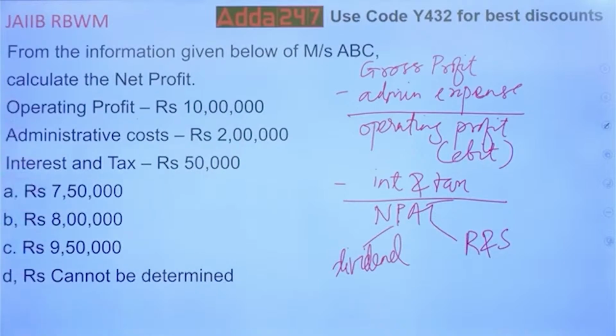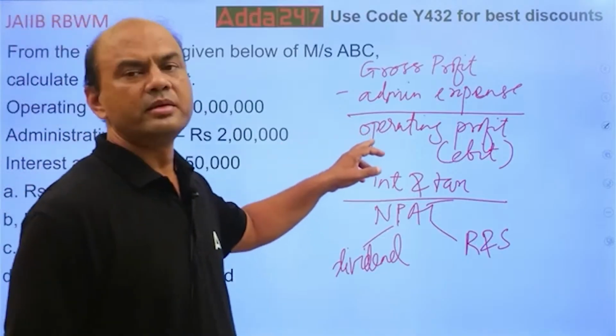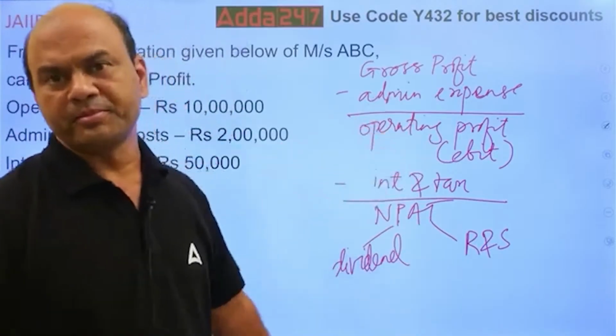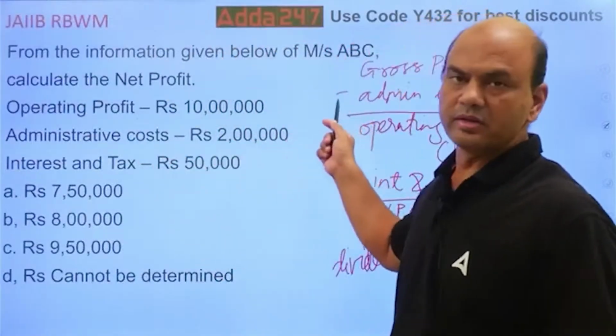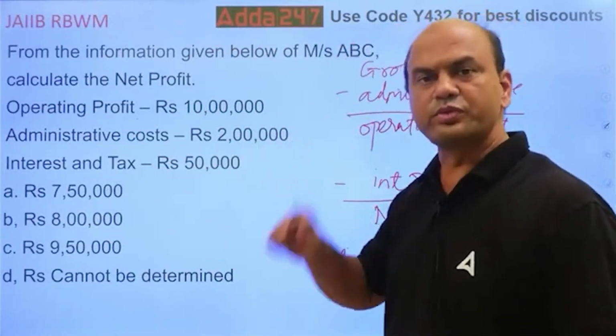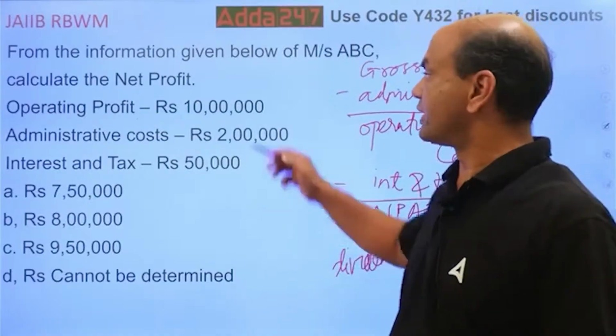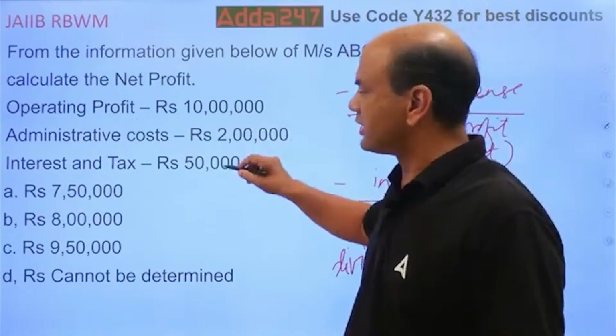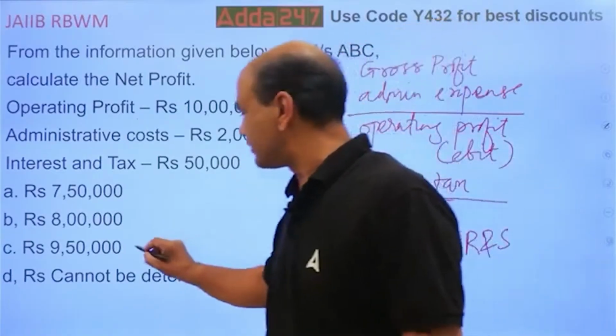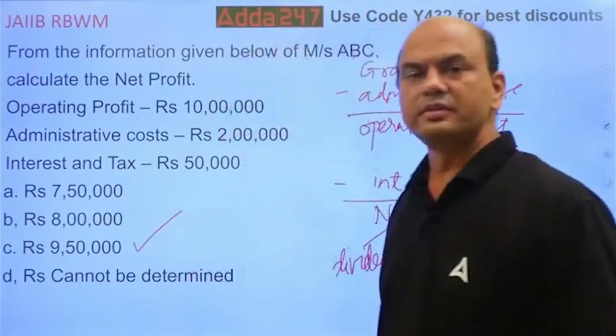See, many of you have typed the answer as 7,50,000. But when you get operating profit, before that only, this 2 lakh is gone. So this 2 lakh is of no use for you right now. So your answer will be 10 lakh minus 50,000. So it is 9,50,000. Okay?